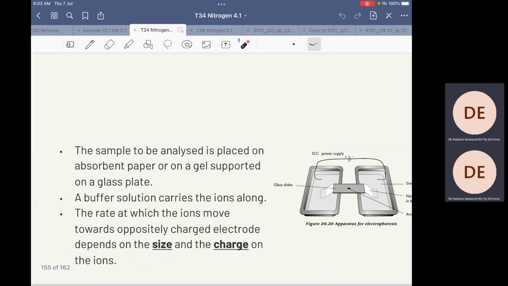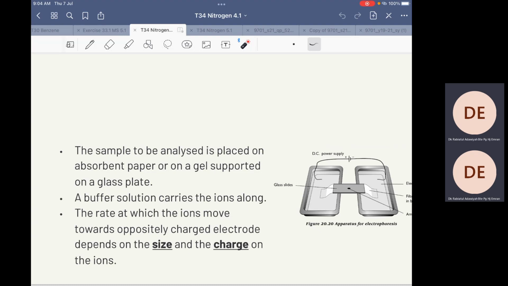The technique is based on separating ions placed in an electric field. The sample to be analyzed is placed on an absorbent paper or on a gel supported on a glass plate. So this plate is made up of paper, just like your chromatography paper. Then you will have a buffer solution to carry the ions along. The rate at which the ions move towards the oppositely charged electrode depends on the size and the charge on the ions.